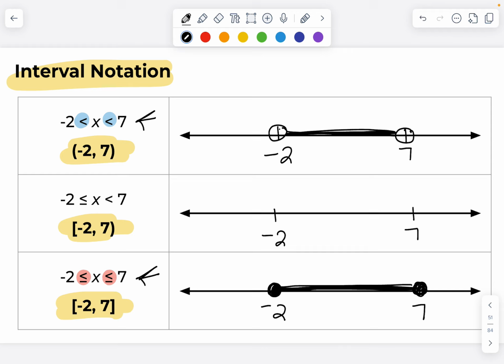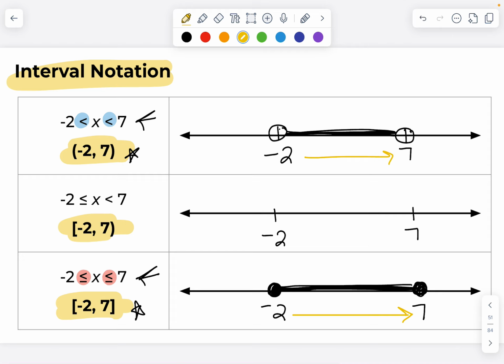The way we represent this using interval notation is we go from -2 to 7. We read things from left to right when doing interval notation. The only difference between the top and bottom examples is the punctuation that we use. If we equal a value, we use brackets. Versus if we get close to that value but don't actually equal it, we use a parentheses.